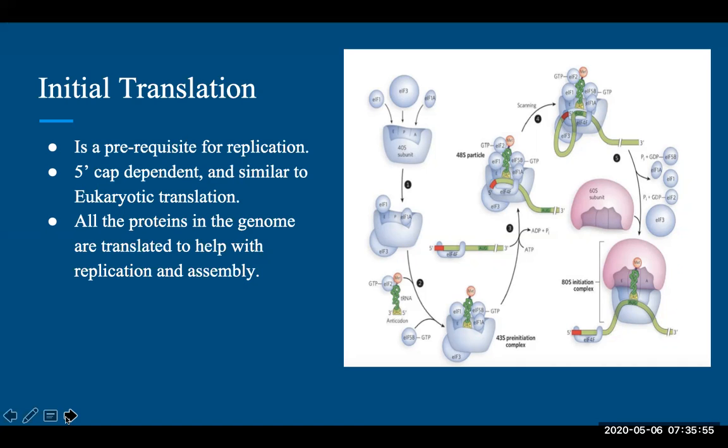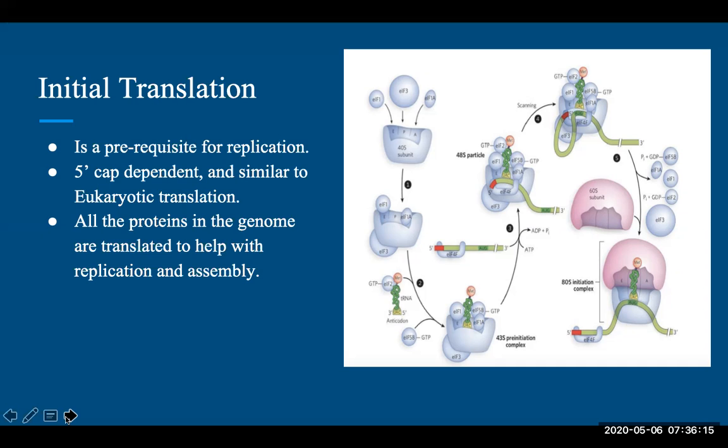I did read somewhere that depending on whether the levels of eukaryotic initiation factor 4E, which is important for binding to the 5-cap, are high or low, it will either use the 5-cap dependent way, or it won't.